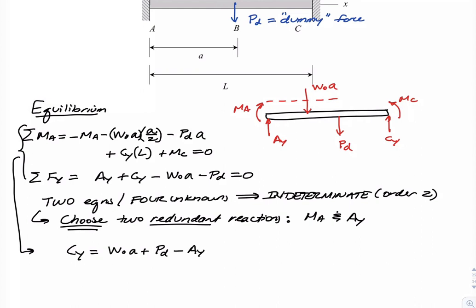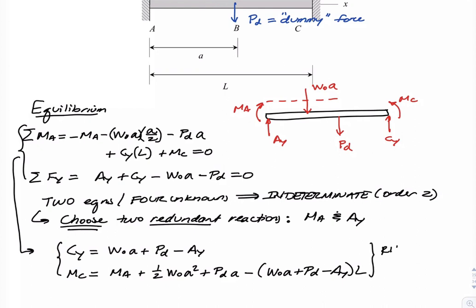And I will take the moment equation and say that MC is equal to MA plus 1 half W naught A squared plus PD A minus CY, which was equal to W naught A plus PD minus AY times L. The reason I'm writing it in this way is that you see that the right hand side involves only the redundant reactions.